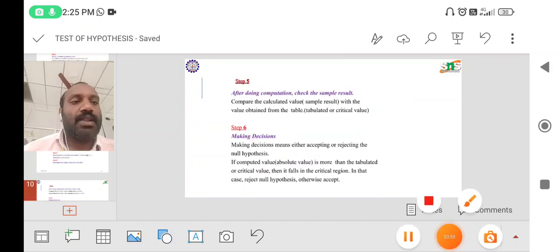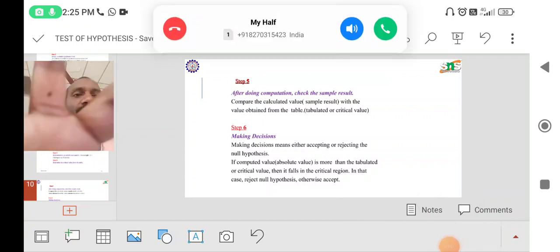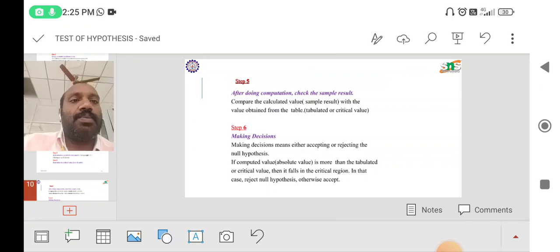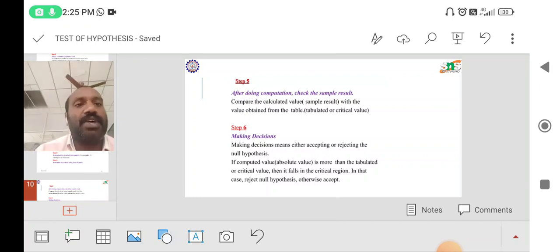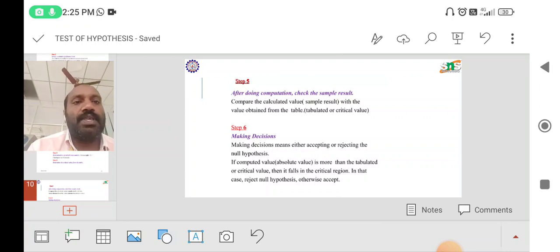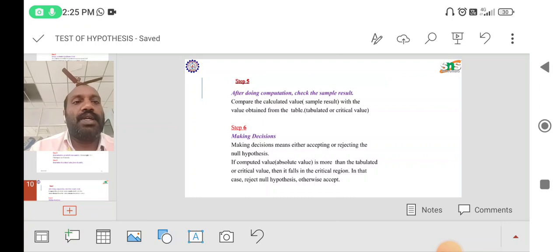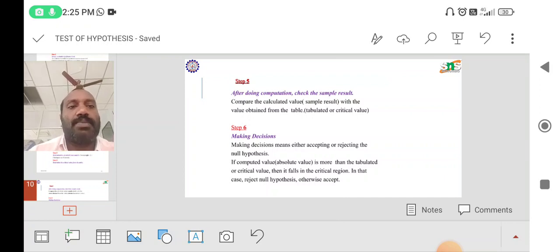Step 5: after doing the computation, check the sample result and compare the calculated value with the value obtained from the table. Step 6: making decisions, which means either accepting or rejecting the null hypothesis.